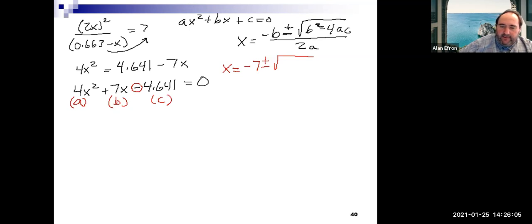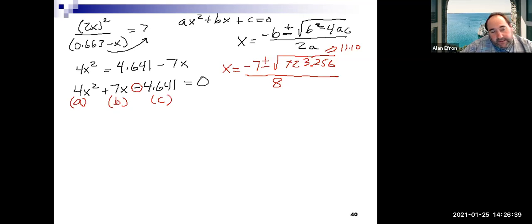If you do all that inside the square root, you get something like 123.256. Then if you take the square root of that, you end up with about 11.1, all divided by 2 times A, which is 2 times 4, which is 8. Any questions on that part of it so far?